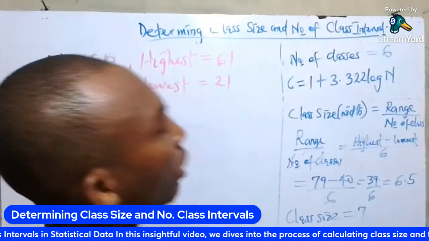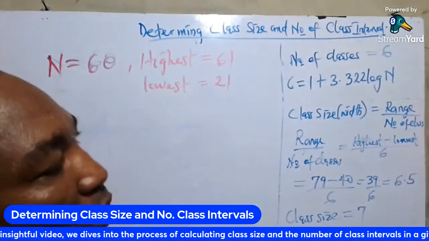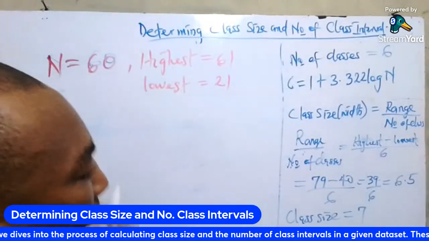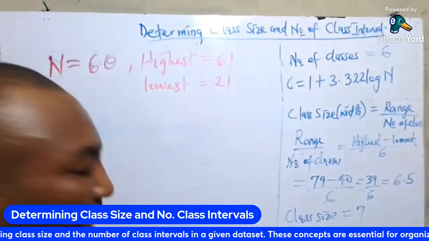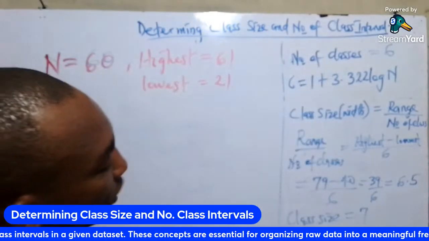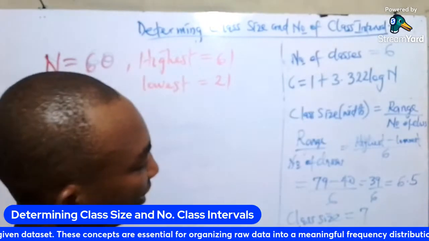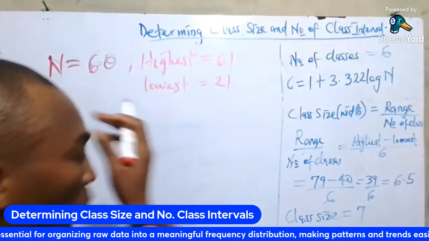Now, you want to know the number of classes and the class size, because in that question, you are not given the class size at all. They didn't give you the class interval, and they did not bother to give you the class size. It's you that will determine that.